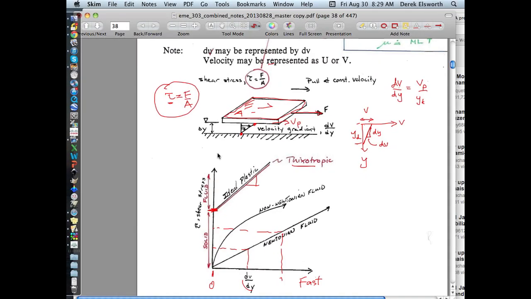Okay. So one of your homework examples, for instance, deals with a piston being pushed through a larger annulus.